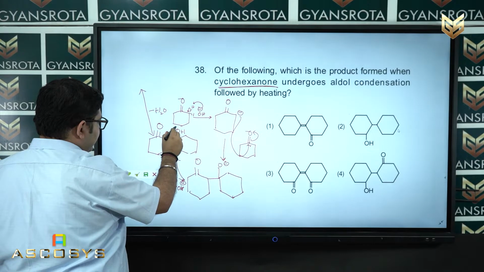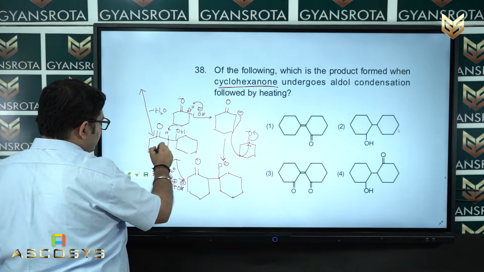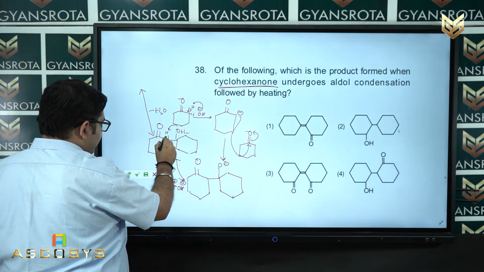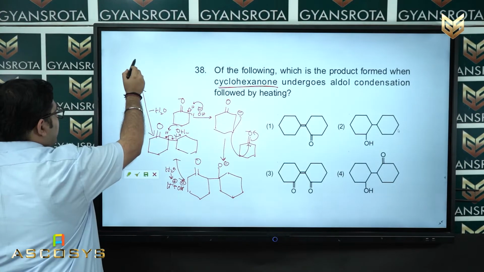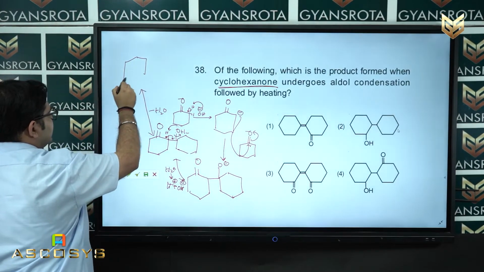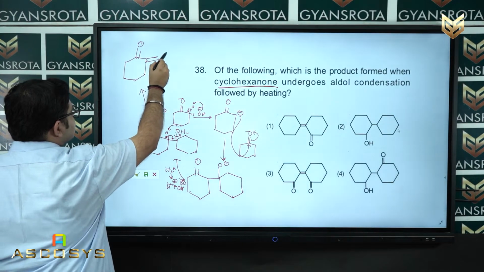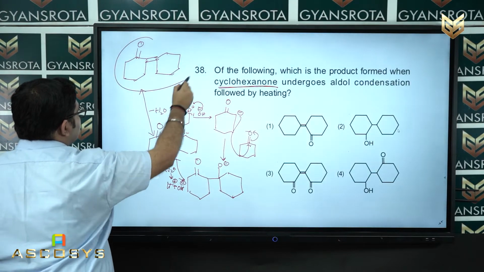Hydrogen is there and it has this lone pair. It will abstract this proton, so here it is coming as OH2, then this minus sign will go on this and the water molecule will get out. So, you end up with this kind of product. So, this is your product.